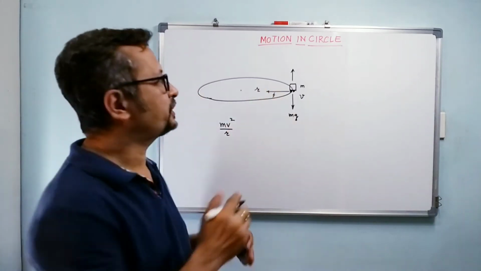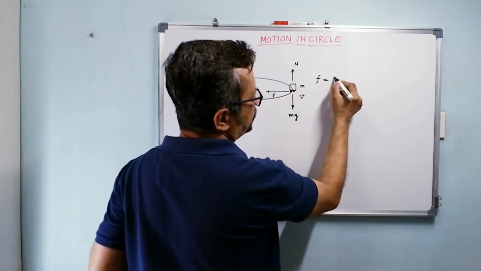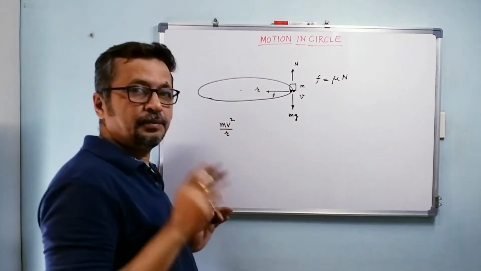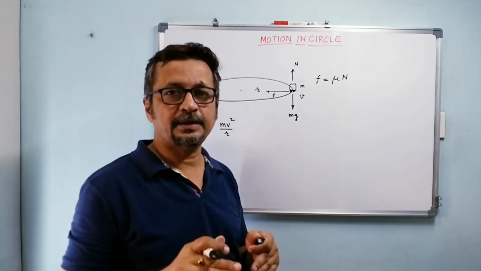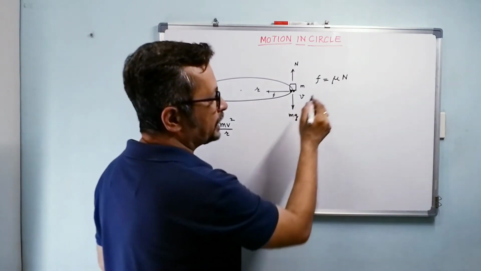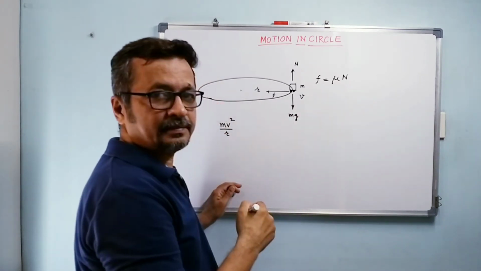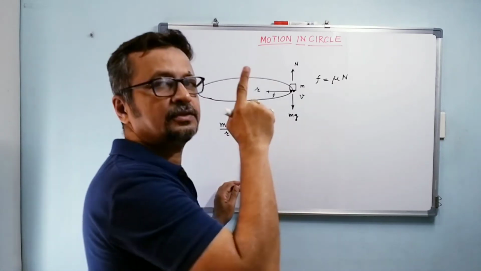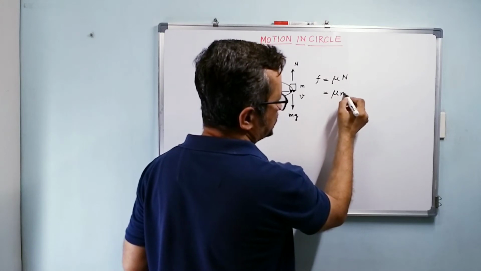Now what is force of friction? Force of friction, this F, is equal to mu times N, where mu is coefficient of friction between the tires and the road. And then what is this normal reaction? Normal reaction is nothing but its weight, correct? The total downward force is mg, so total upward reaction would be equal to mg. So it would be mu times mg.